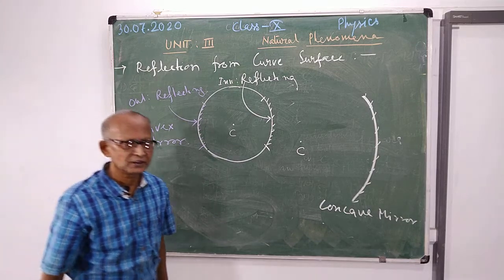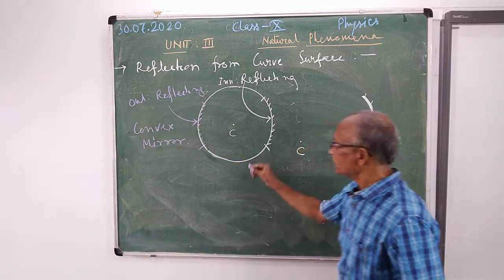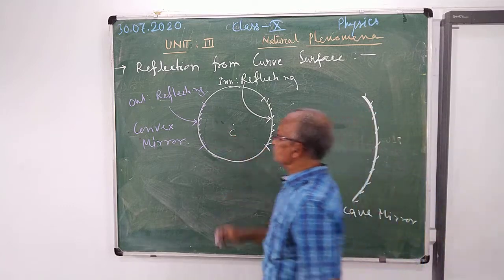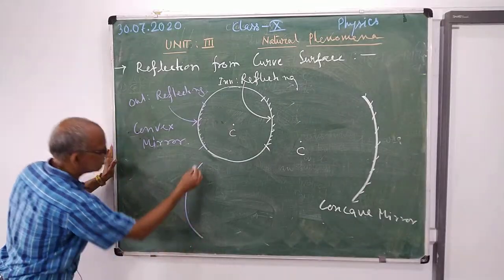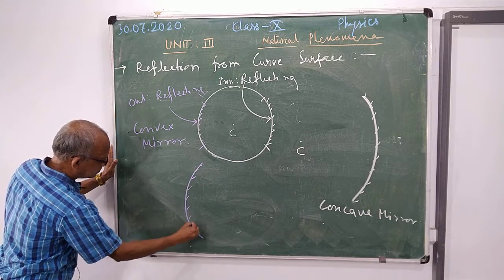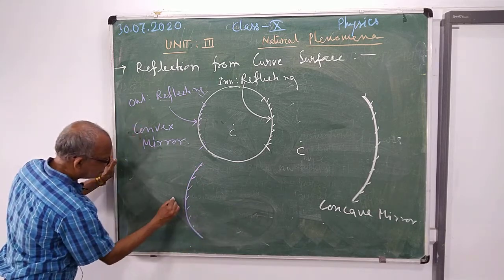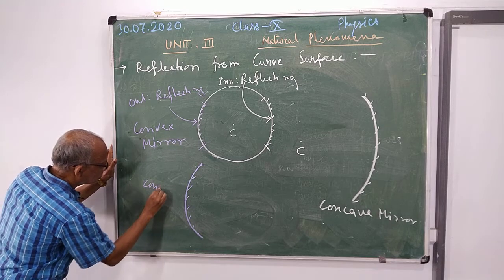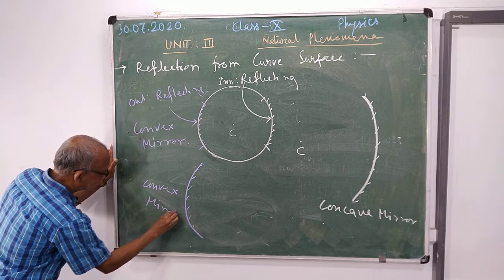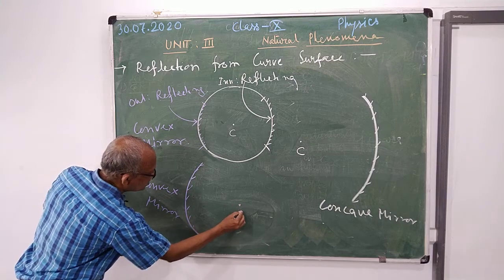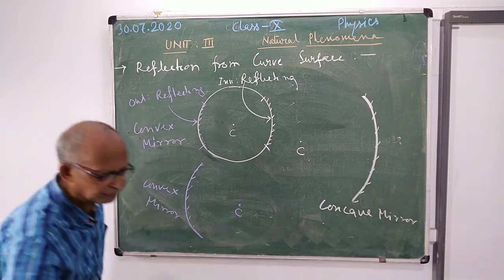Silver polishing is on the outer side. So this is a convex mirror, and here is C, the center of curvature.